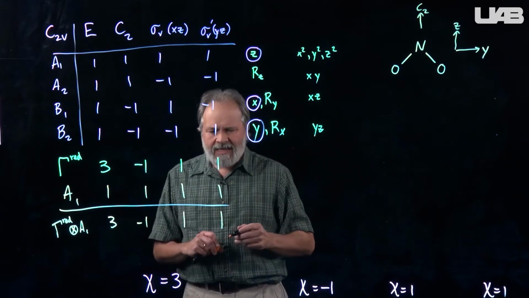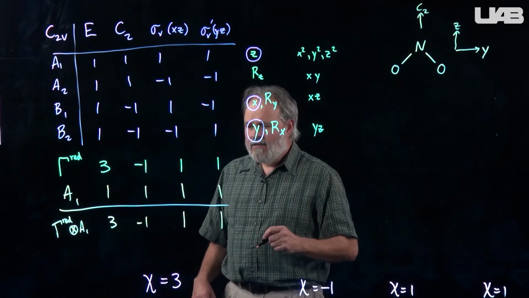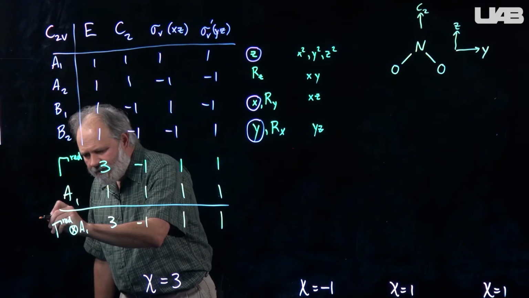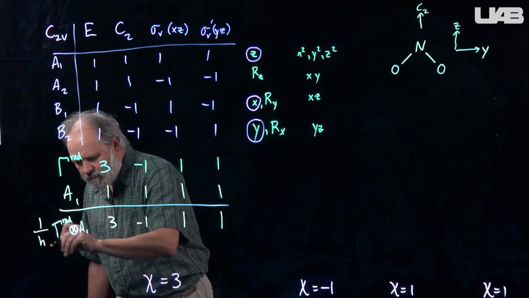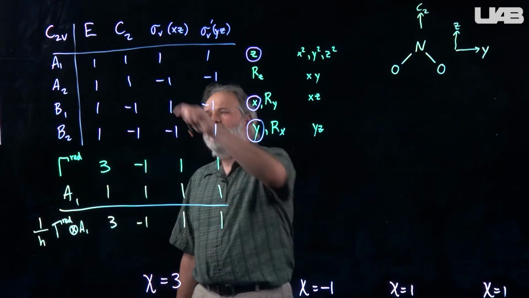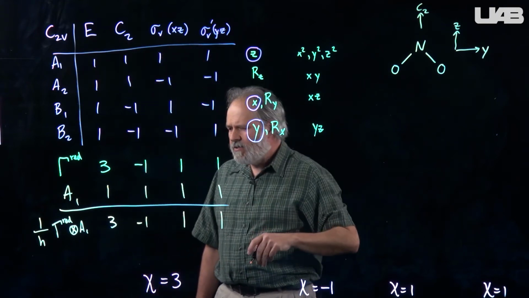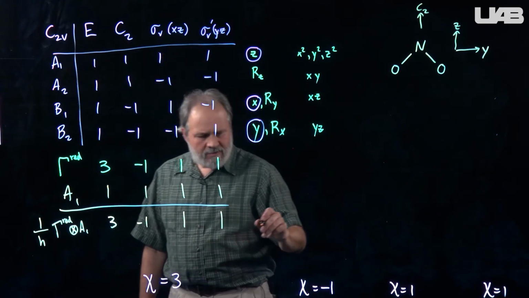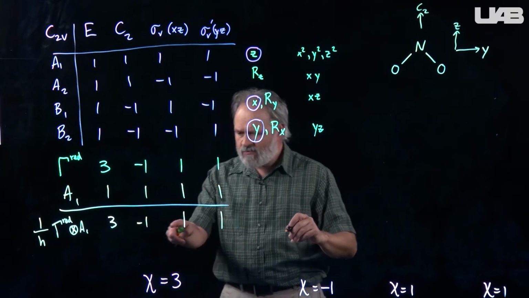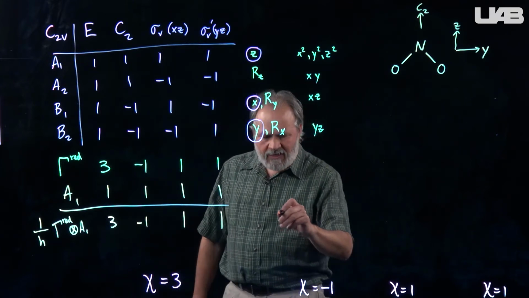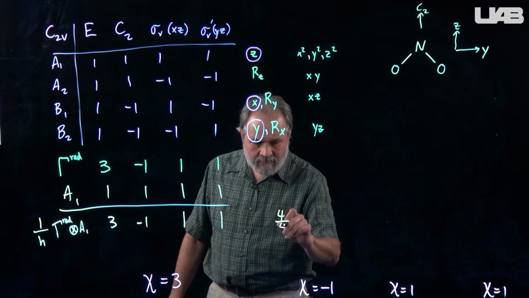The last thing we need to do is multiply by one over h, the order of the group. This has 4 symmetry operations, so h equals 4. So we have 3 minus 1 plus 1 plus 1, which is 4, divided by 4.